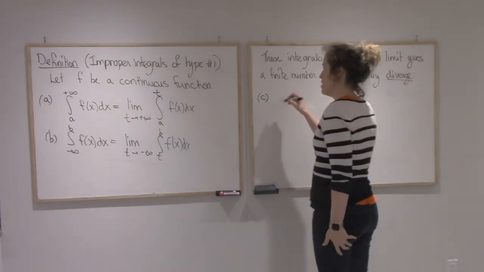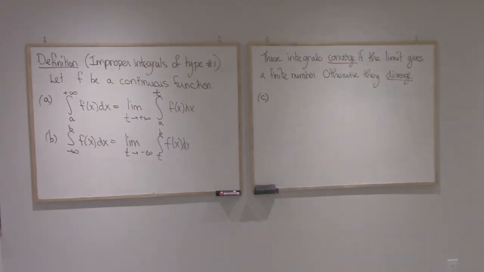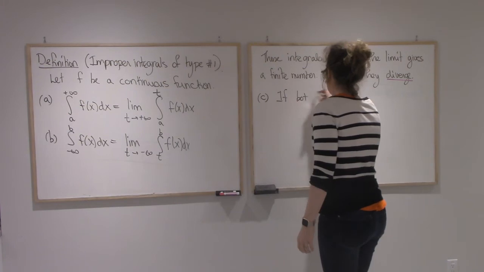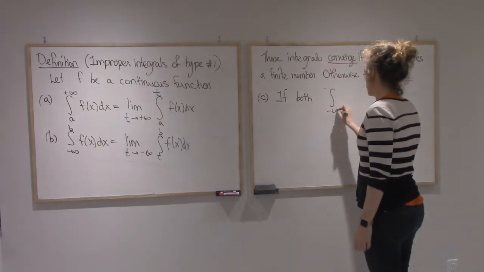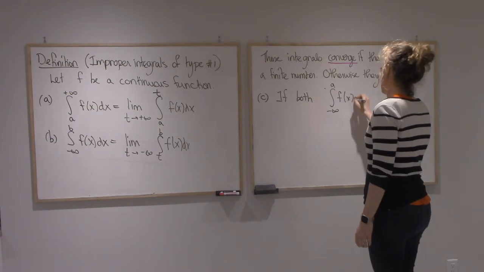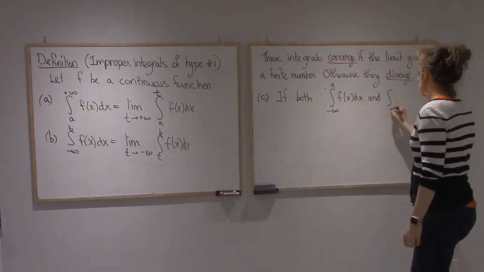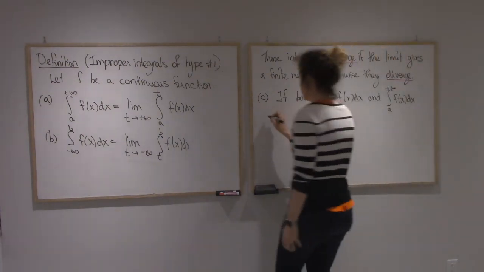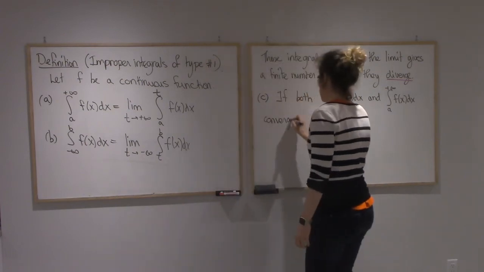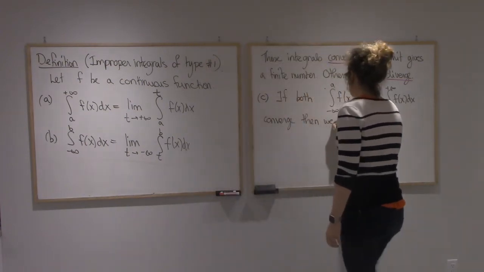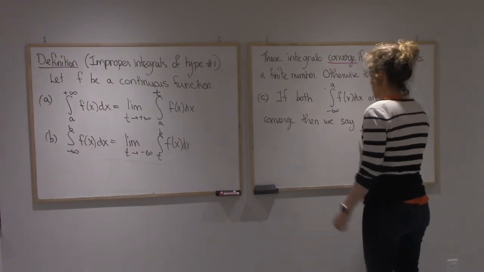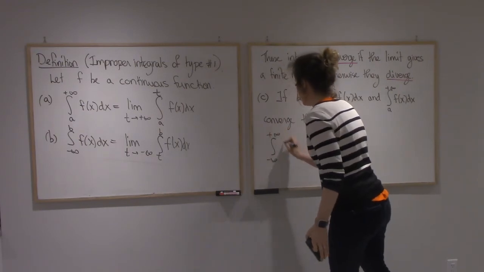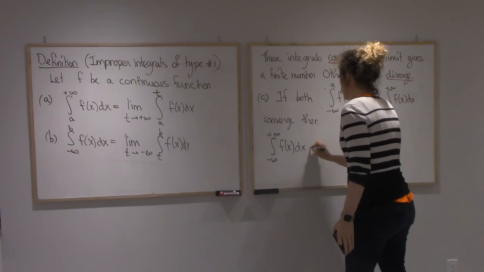So if both the integral from minus infinity to a and the integral from a to plus infinity converge, then the integral from minus infinity to plus infinity would be equal to the sum of the two.